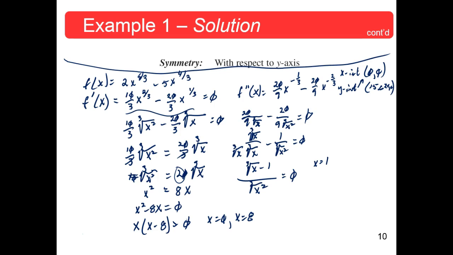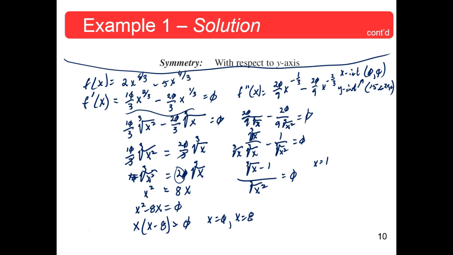Your other place would be where your second derivative is not defined. And when is that second derivative not defined? Especially if you look at it in this form. What would make that not defined? In your denominator.